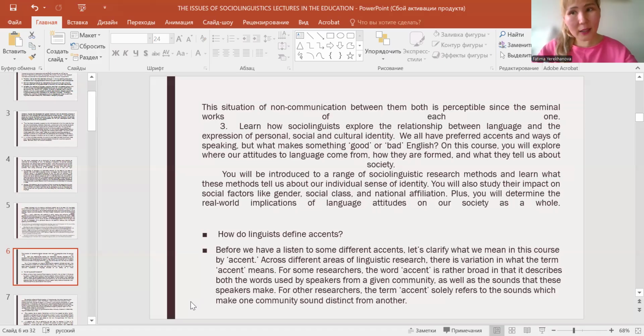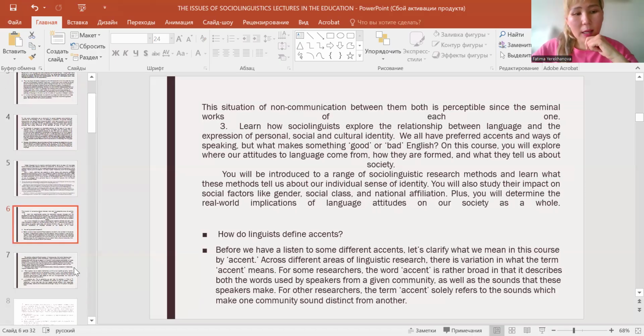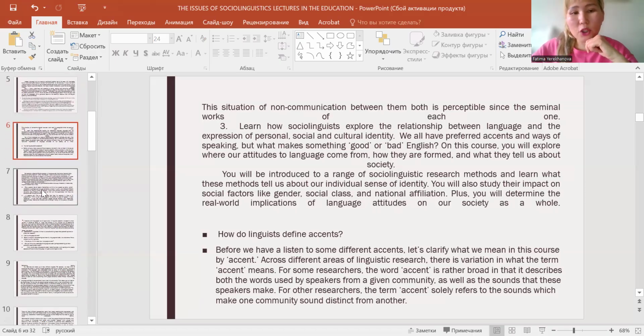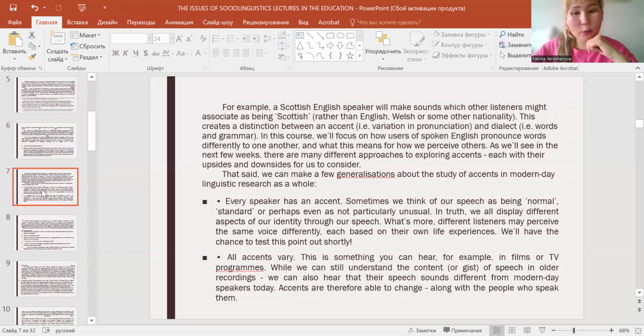Again, here we have different statements, different definitions of the same term, accent. So this is something we have to think about.